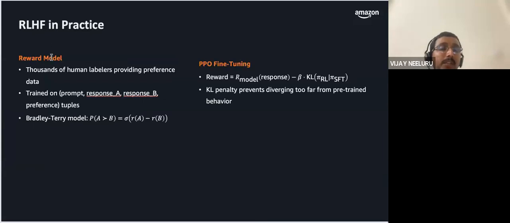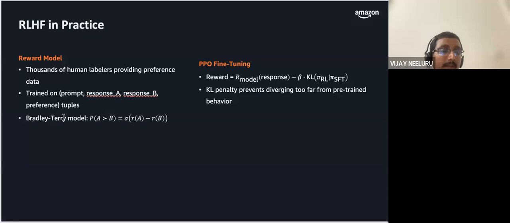So let's discuss the reward model. Thousands of human labels provide preference data. For example, given a prompt, response A and response B, humans compare the two responses and pick which is better.